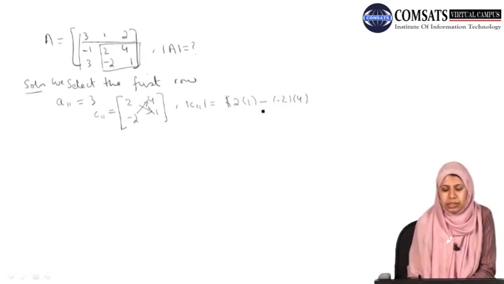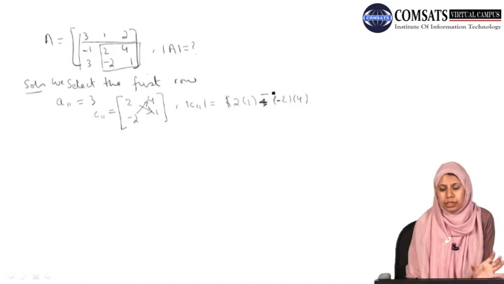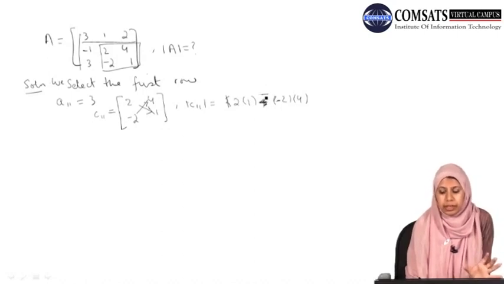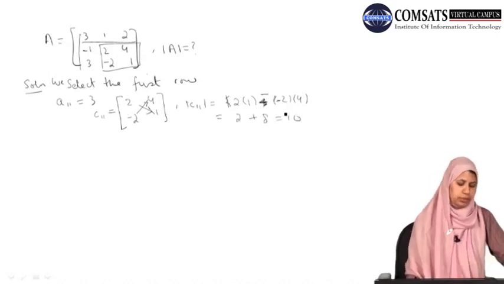While writing the determinants, we have to be extra careful with the minus sign. Here this minus sign is coming from the formula, and this minus sign is coming with the entry -2. So if we look at this -2, most of you may write plus here, which is wrong. Between the products of the diagonals, we always have a minus sign. Then simplifying, we obtain 2 plus 8, which equals 10.